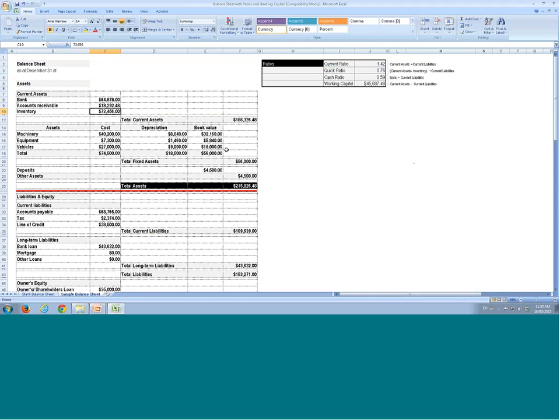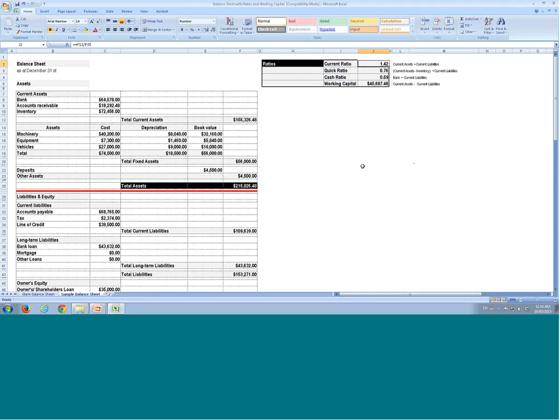Now, when it comes to your bank, there are a couple of things that they want to check. If you're looking for a loan, they want to see whether you can actually afford it. So they use a couple of things they call ratios to calculate if it's possible to loan you money. The first one they'll look at is your current ratio.